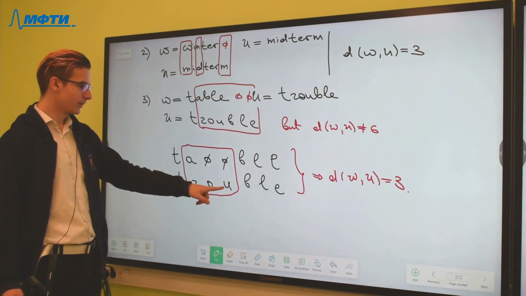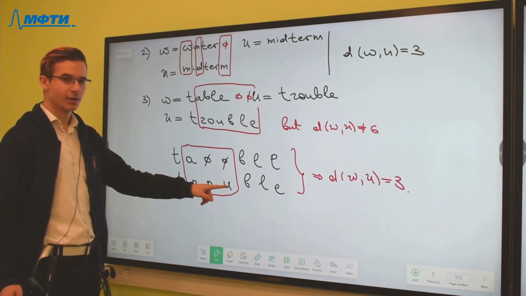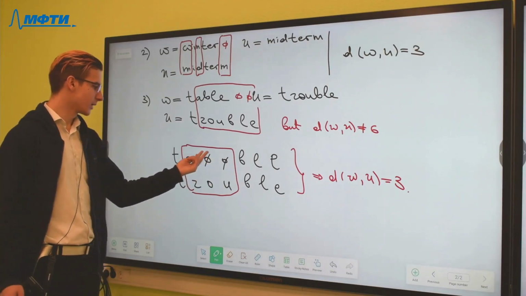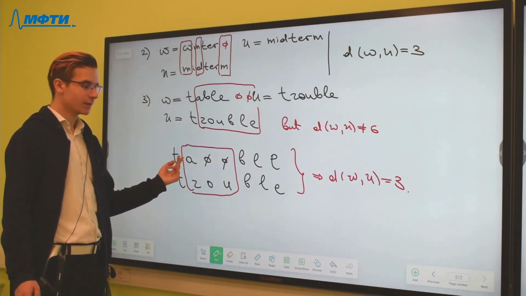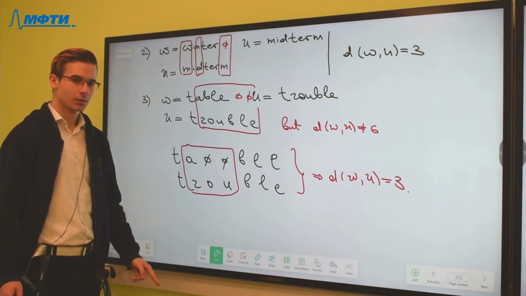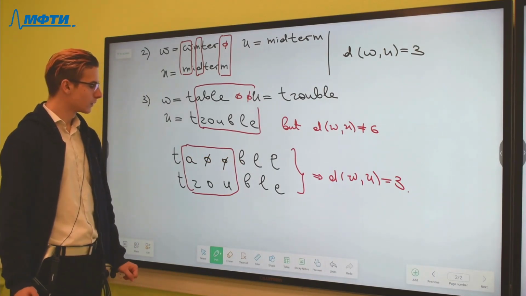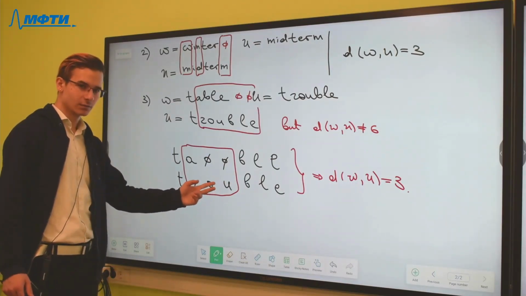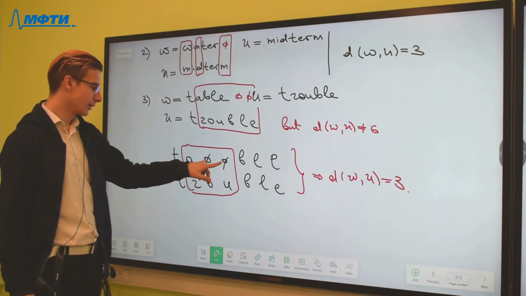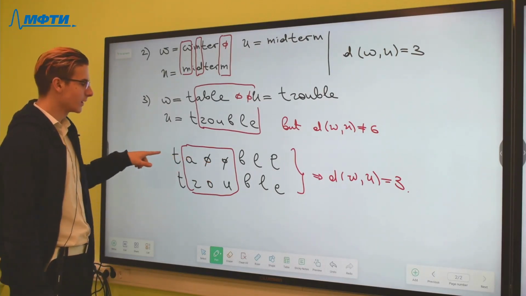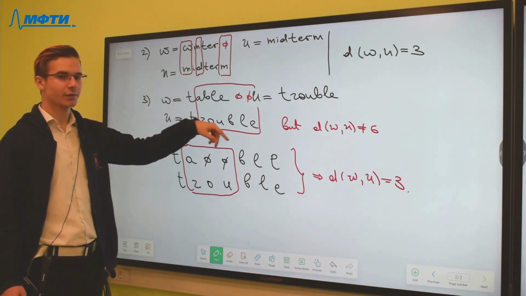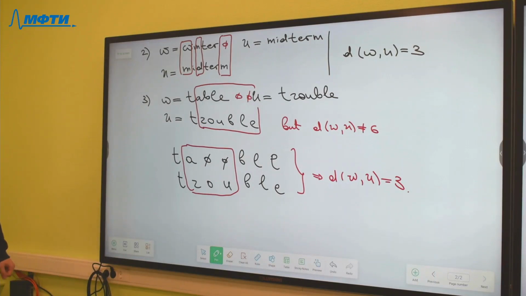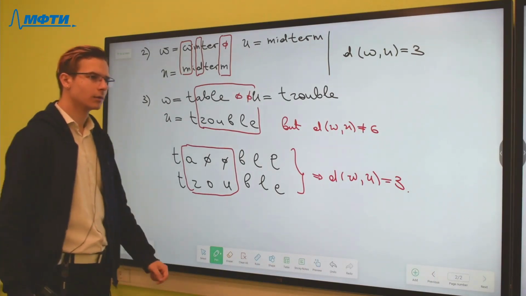If instead of O we add A, then we can insert these two empty characters before A, and the distance will be equal to 2. If we change U with A, we can insert these empty characters in any place in the word.